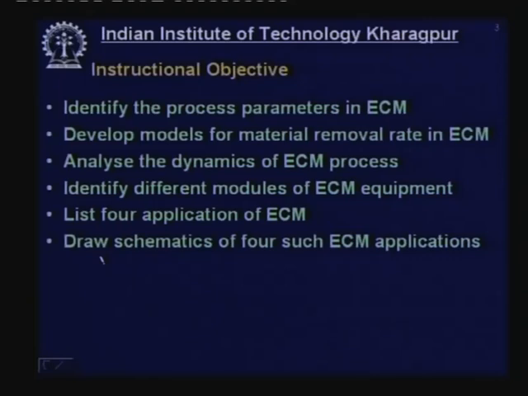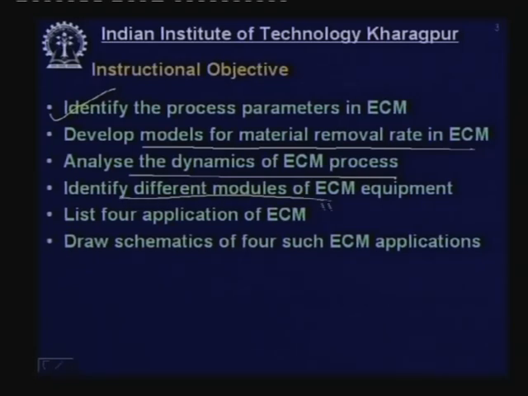Later on you will be able to identify the process parameters and, most importantly, develop material removal models in electrochemical machining. Now, electrochemical machining is a dynamic machining process, so analyzing its dynamics is also very important.